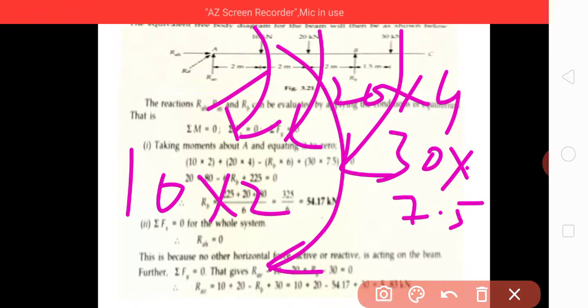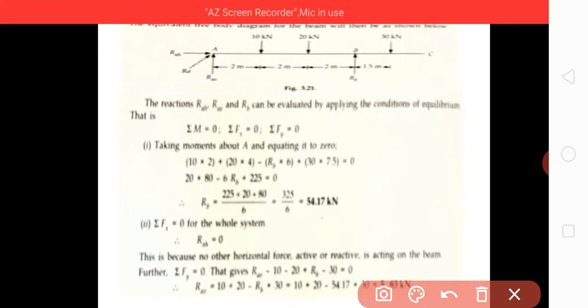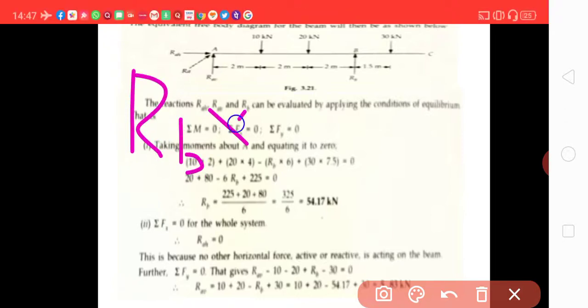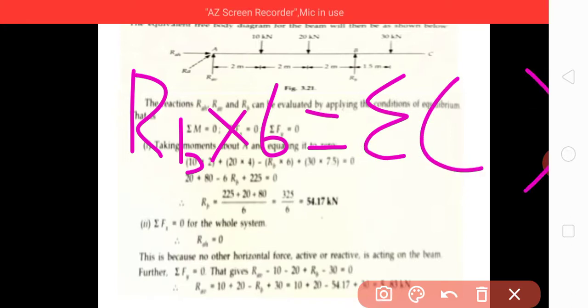Add them and equate with the unknown counterclockwise moment, which gives you RB into 6 equal to the summation of all these three moments, and on calculation it will give you this.